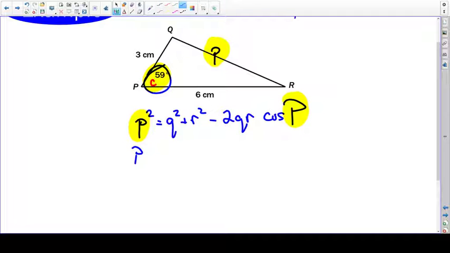So little p squared is what we're trying to find, or actually p is what we're trying to find. This is q here, this is r here. So that's going to be 6 squared plus 3 squared minus 2 times 6 times 3 times the cosine of angle P, which is 59 degrees.